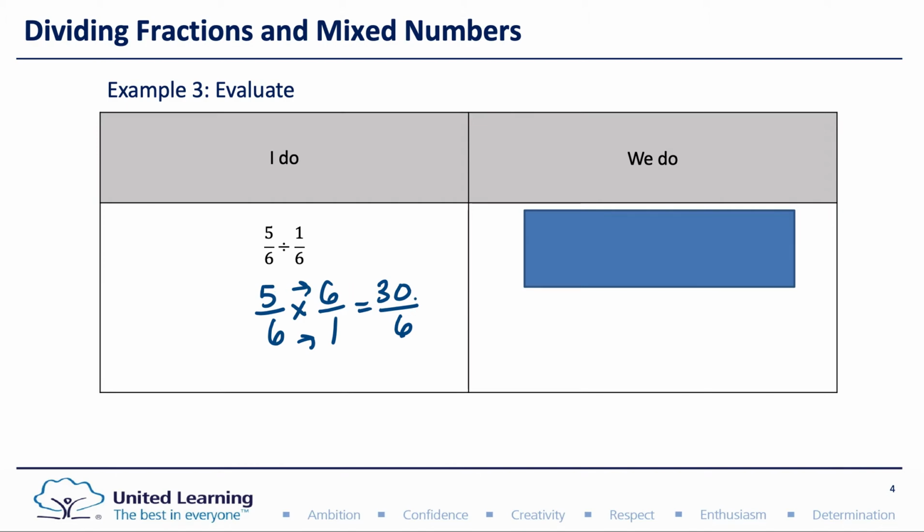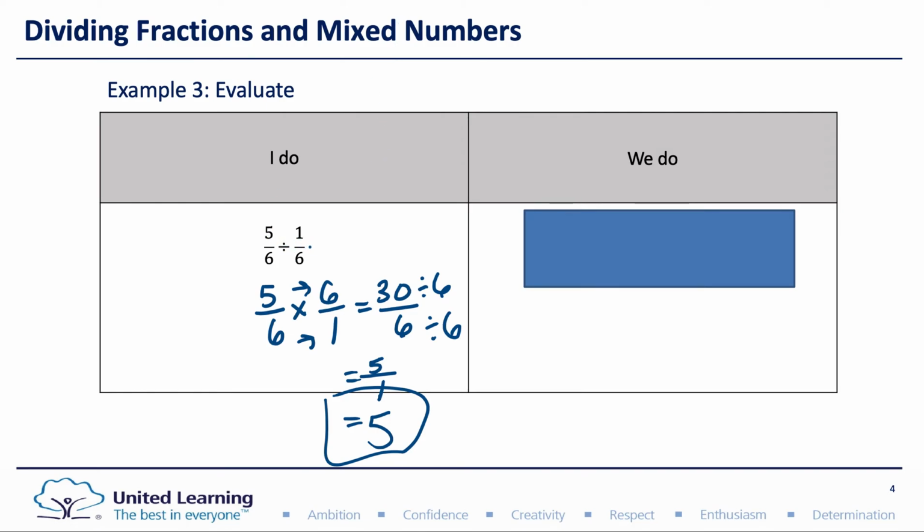So then you would think to yourself, can you divide by anything in common? And in this case, they do. We can divide by 6. And you end up getting, which is kind of strange, 5/1, which is the same as 5.